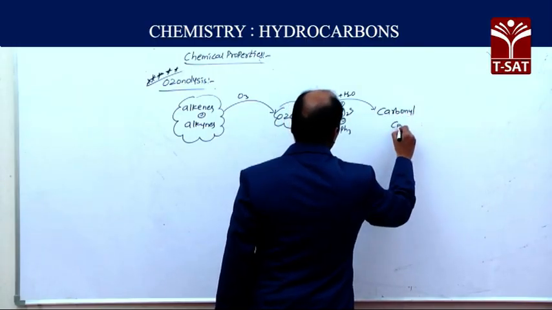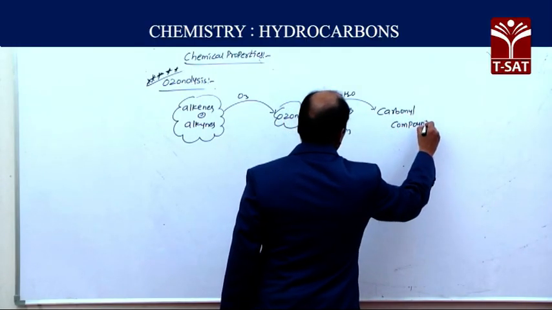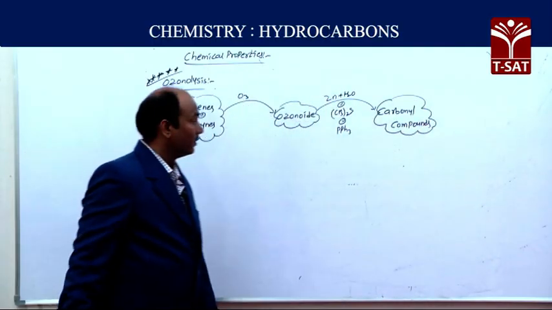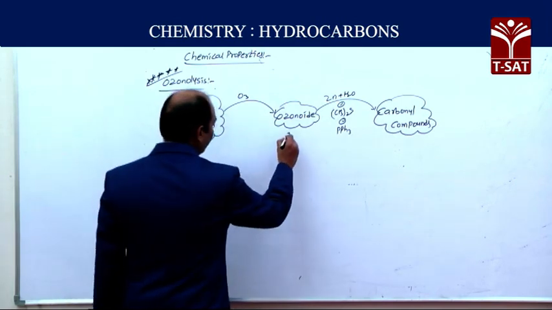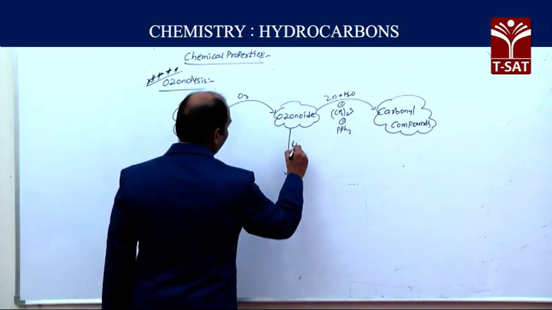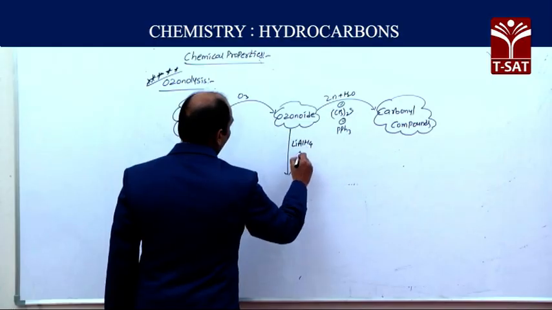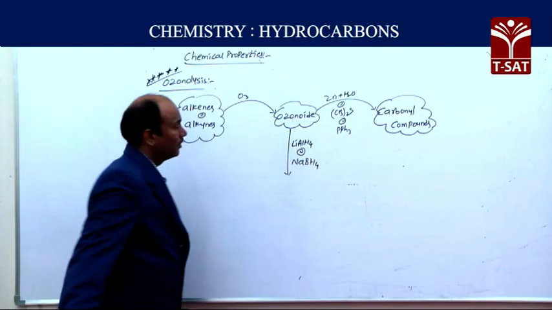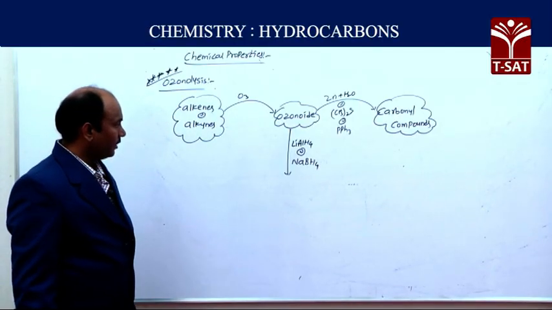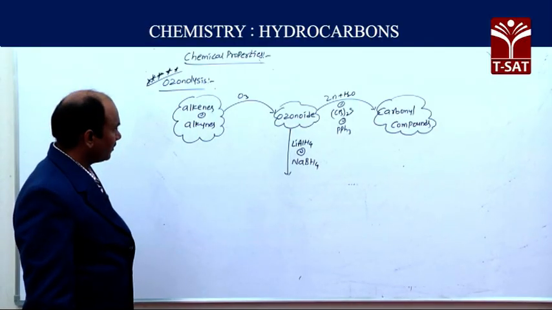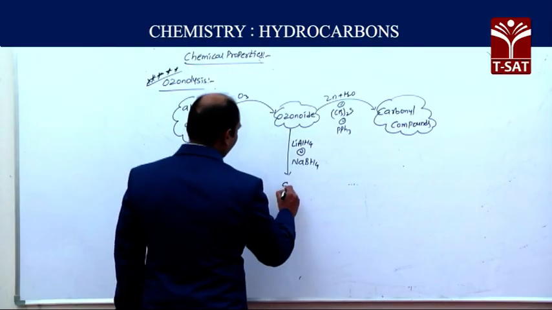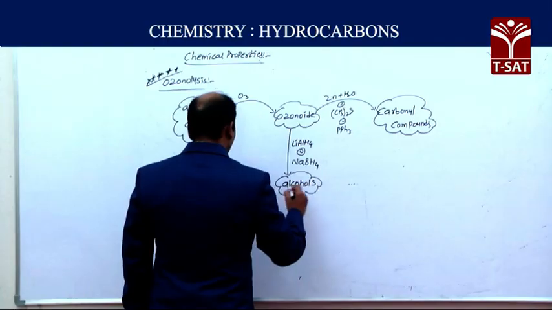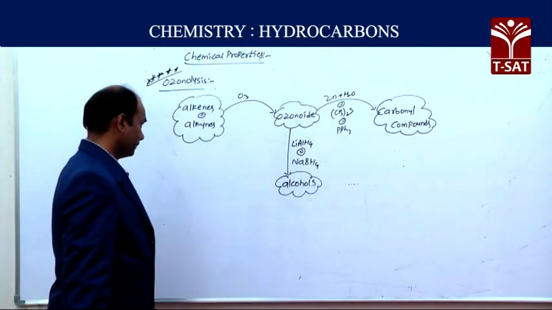Same ozonide, if it is treated with lithium aluminium hydride or sodium borohydride NaBH4, these are reducing agents. Here we get alcohols. This is also reductive ozonolysis.